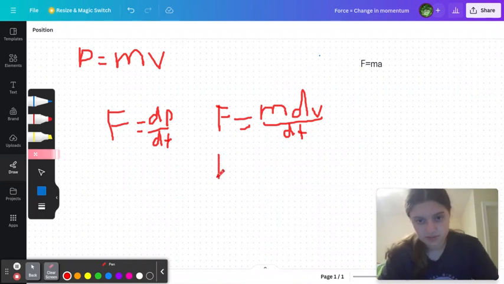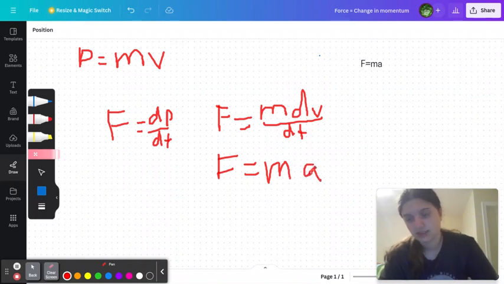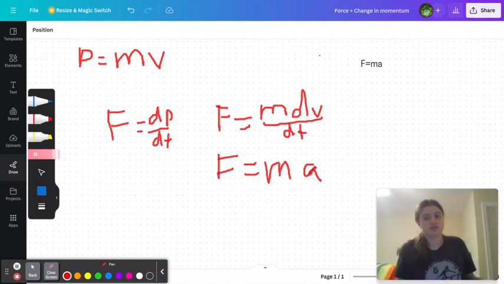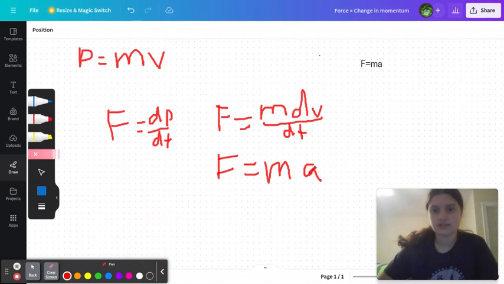So we get F equals ma, because the change in velocity is also known as something wonderful called the acceleration. That equation is very well known, very well respected in the scientific community. It's a personal favorite of mine because every time I try to do anything physics related, it shows up again.